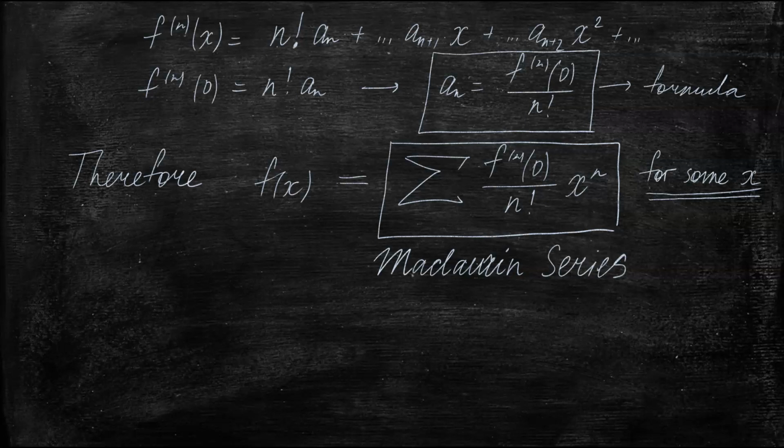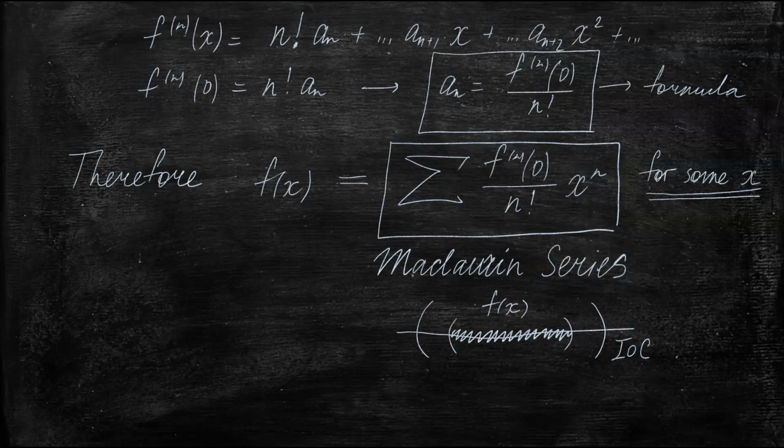So again, what I want to mention here, and try to avoid having this conversation until we are ready, is that the interval of convergence of this series, which we haven't discussed, may not be the same as the interval on which this series is equal to f of x. Ideally they should be the same, but they may not be. And this is the reason why we're not going to talk about the interval of convergence here, and we're going to take some of the facts for granted.